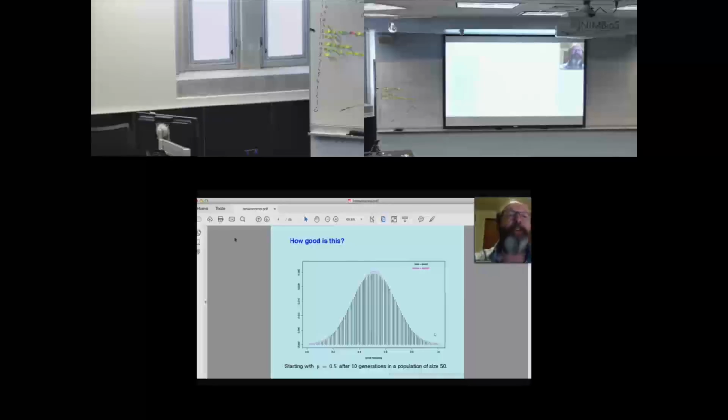However, if you keep going, the gene frequencies start to pile up at 0 and 1. And although you can approximate the stuff through the center by a normal distribution, which is what a Brownian motion would give you, it then gets chopped off at the tails. If you take a population and instead of starting at 0.5, you start at 0.1, then the approximation is not so good because you start piling up at the left side very quickly.